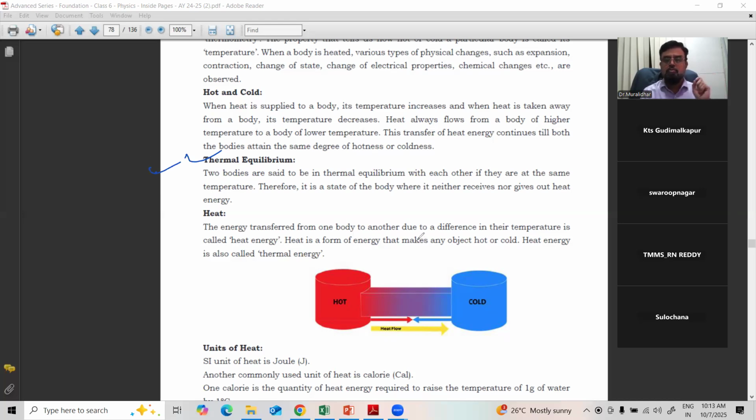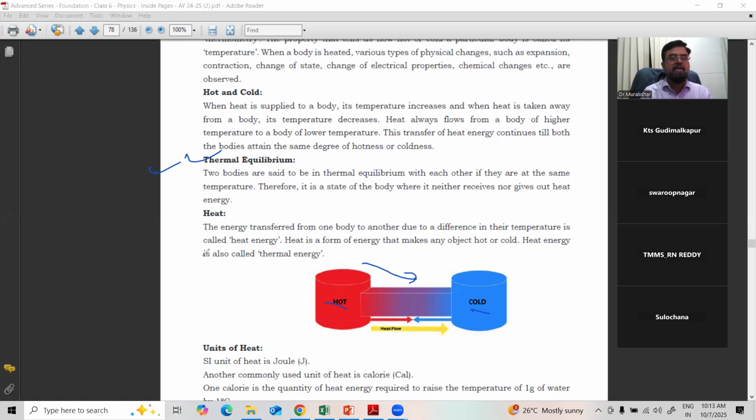So when two bodies of different temperature are kept in contact, a hot body and a cold body, heat transfers from hot body to cold body. Until both reach the same temperature, heat continues to flow. Once both bodies attain the same temperature, that state is known as thermal equilibrium.